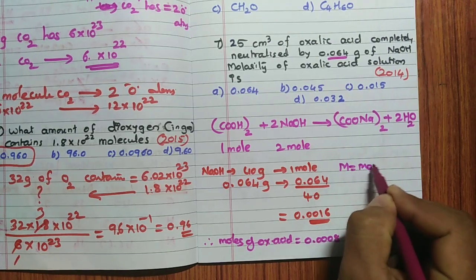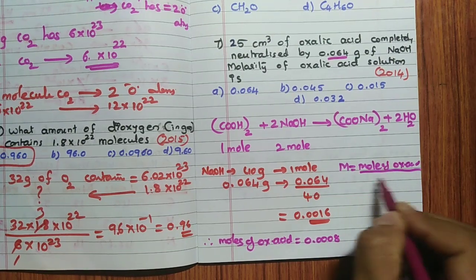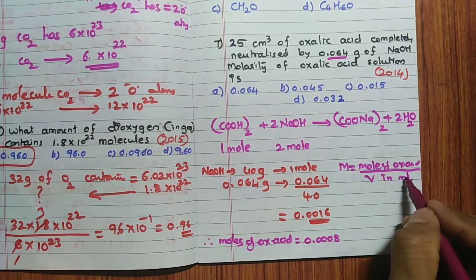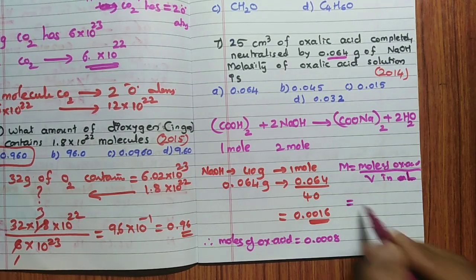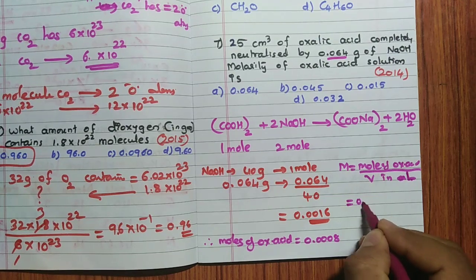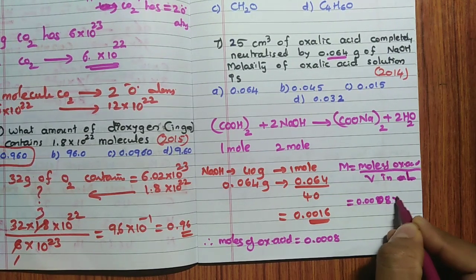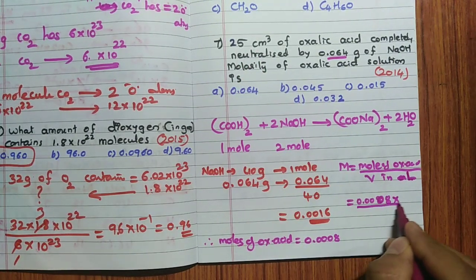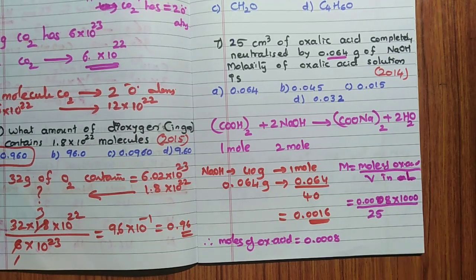Molarity is equal to moles of oxalic acid divided by volume in ml. Sorry, volume in liter. So moles of oxalic acid is 0.0008 into 1000 over volume, which is given in ml, 25. I will not change it, but you can put 1000 here.